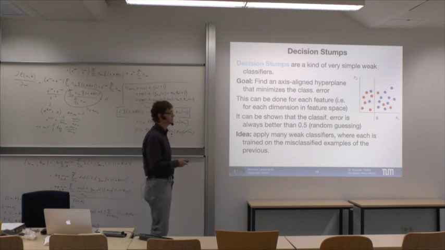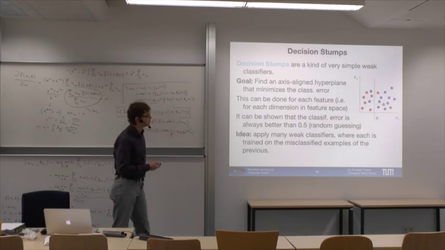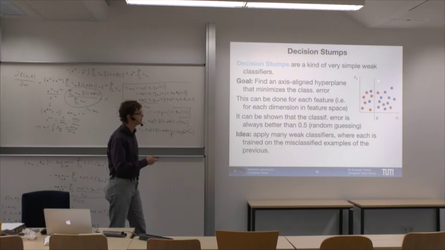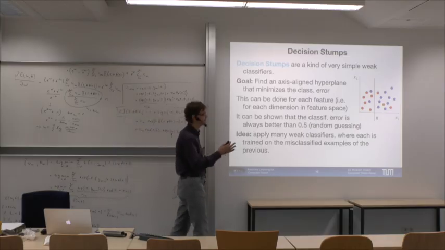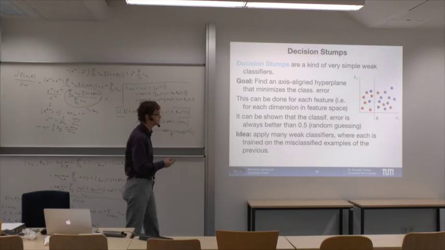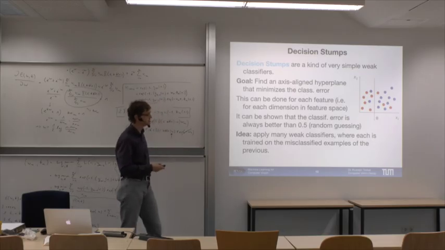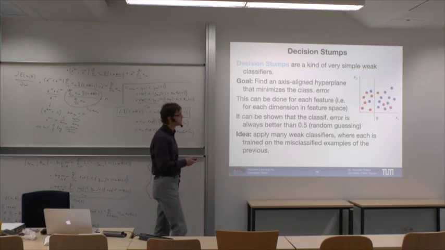And the way we do this, you can do this very simply. You just look at all the possible positions of this hyperplane, right? You start with this line here, and you go here, and for every data point that you have, you just put the line just behind it, or at the position where the data point is. You have a number of possible positions where things could change.